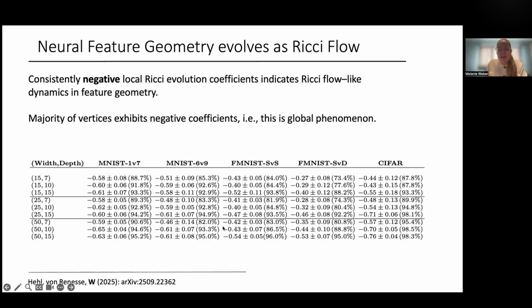And in brackets here you see the percentage of nodes, of points in the data set at which that was observed, and that is always the case for the vast majority. So what we could get from this is basically strong empirical evidence that the evolution of the feature geometry does exhibit a behavior that's resembling a Ricci flow on the underlying manifolds.